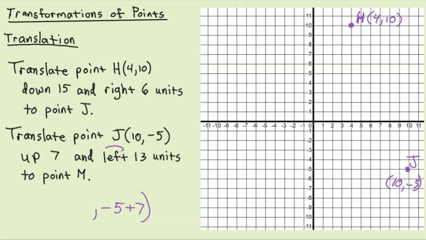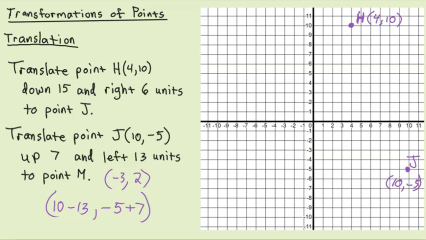Our x coordinate is going left 13. Well, when we go to the left, that's negative. So we're going to minus 13 from 10. So we're going to do 10 minus 13. And so it looks like this point M should become 10 minus 13 is -3, and -5 plus 7 is 2. So the point M should be at the point -3, 2.